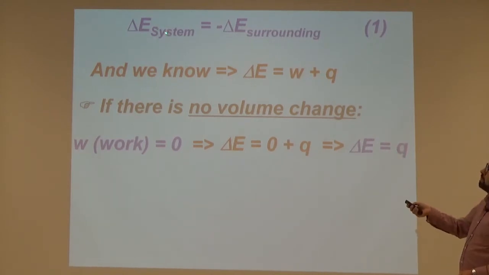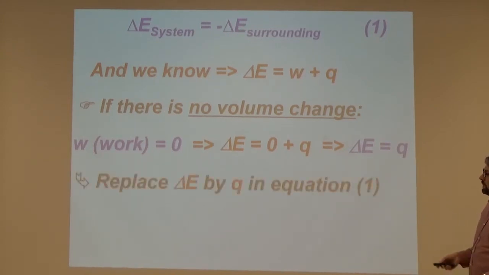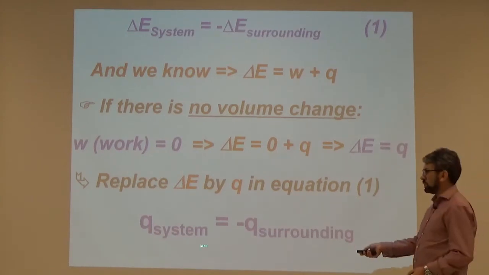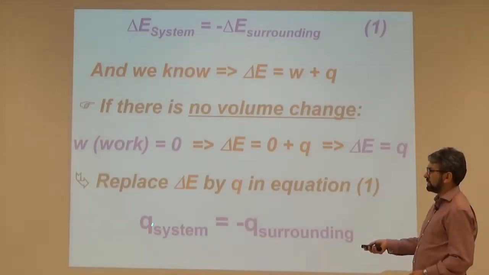Look at number 1. It says delta E of the system equal to minus delta E of the surrounding area. Instead of delta E, write Q. So it will be Q of the system equal to minus Q of the surrounding. You know the formula for Q? We just did one example.